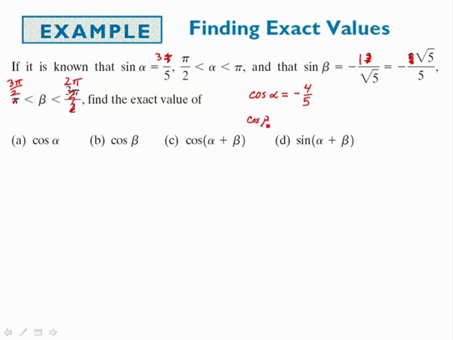And we now know cosine of beta is 2 root 5 over 5. So for part C, if we want cosine of alpha plus beta, what's that formula? Cosine of the first times the cosine of the second minus sine of the first times sine of the second.